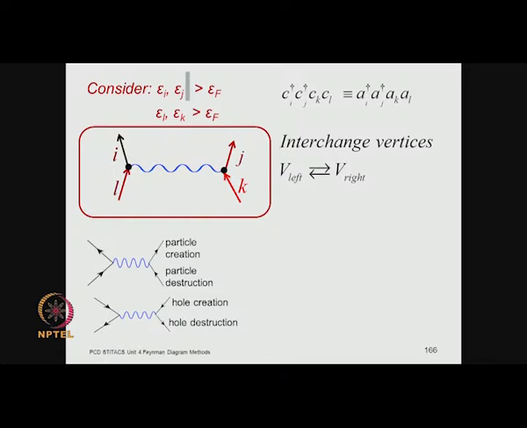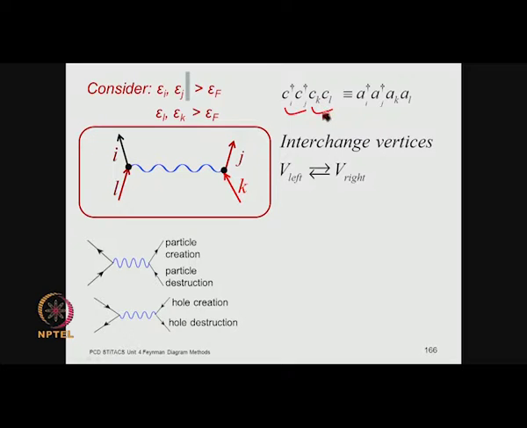That is what an interchange of vertices will mean, and essentially as you see from these operators, when you interchange i and j, you will pick up a minus sign over here because these two creation operators anti-commute. Likewise, if you interchange k and l, then you will have these annihilation operators which also anti-commute.